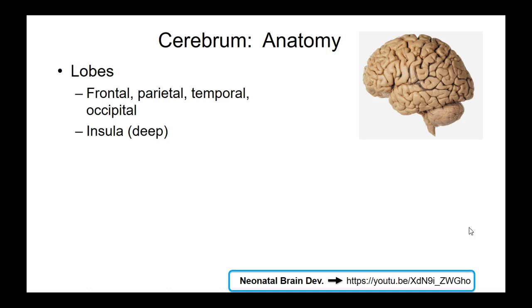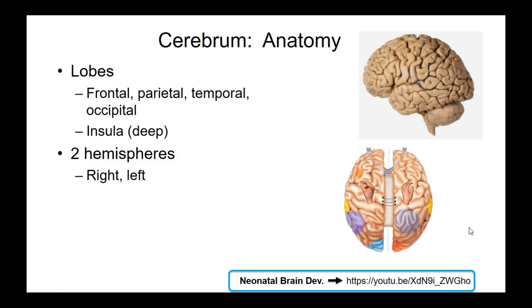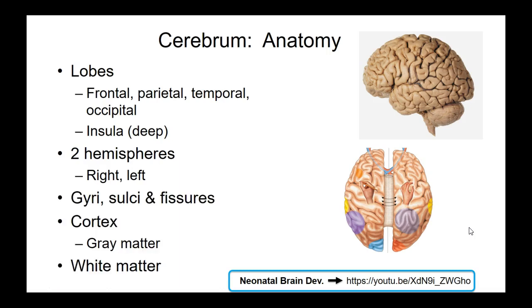And notice that we have a right and a left hemisphere of the cerebrum. So we can talk about the right temporal lobe or the left temporal lobe, the right frontal lobe or the left frontal lobe. And in order to coordinate between right and left, there are connections between the right and left hemisphere.